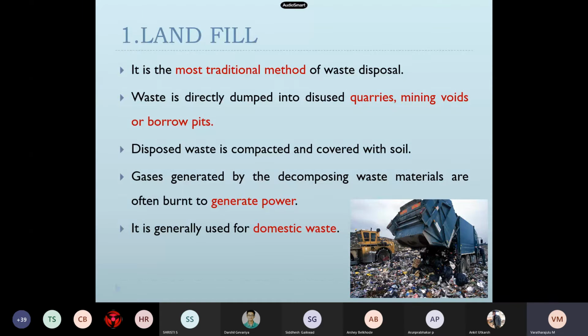It has to be converted into either cash or energy. Keep that in mind, and if it is feasible, you try to do so.